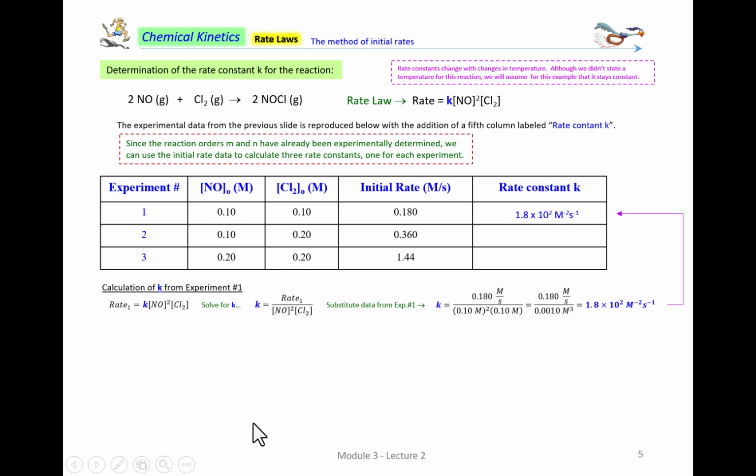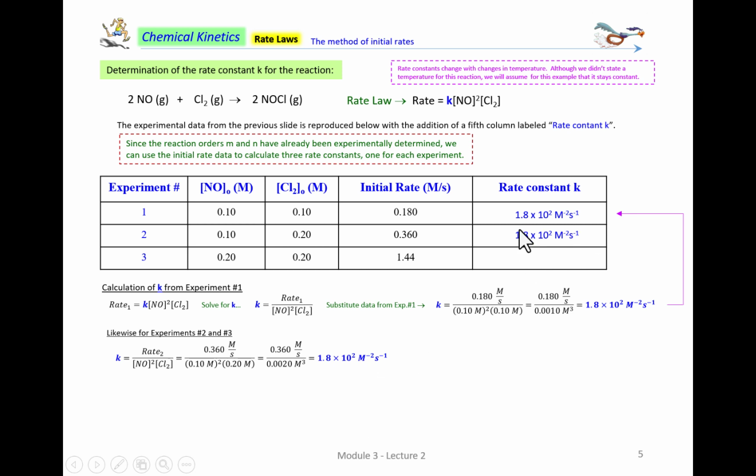Now likewise for experiments 2 and 3, we can determine the rate constants in a similar way. For experiment 2, we'd have the rate of experiment 2, which would be 0.36, divided by the concentration of NO, which is 0.1, and we square it, times the concentration of chlorine in experiment 2, 0.2 to the first power, and we end up with 1.8 times 10 to the second M to the minus 2, s to the minus 1, and we've written it right here.